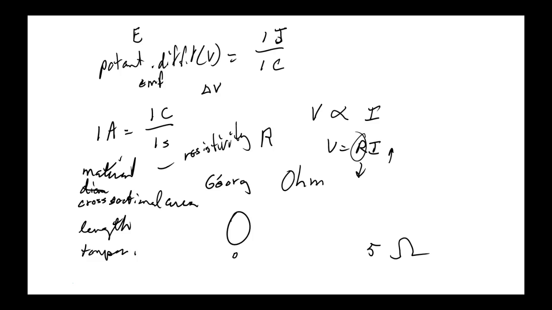So, here is a formula for resistance based on those features. Resistance, that's measured in ohms, is rho. Now that rho, we see rho in a lot of things, that is your resistivity. Rho is resistivity. Times L, the longer the length, the more the resistance, divided by A, the smaller the cross-sectional area, the higher the resistance.